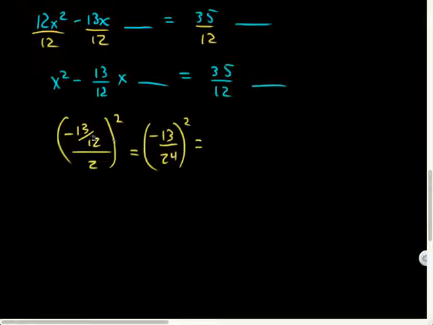So B takes the sign with it, yes. Negative 13 all squared is positive 169. 24 squared is 576. Big numbers exist. Don't doubt yourself. Just believe in the numbers.